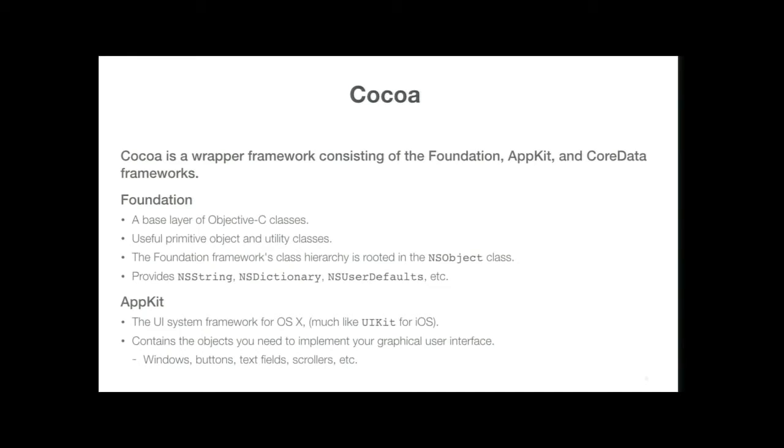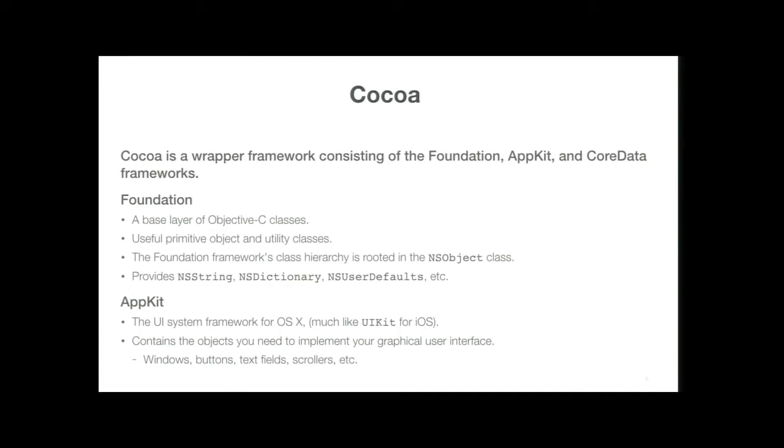There's a lot of talk about Cocoa. Cocoa is a wrapper or umbrella framework consisting of AppKit, Foundation, and CoreData. Foundation is basically the useful primitive object classes and utility classes, and this uses the NS class prefix, which you would see quite a bit working with Objective-C and Cocoa. This provides things like NSString, NSDictionary, and so on.